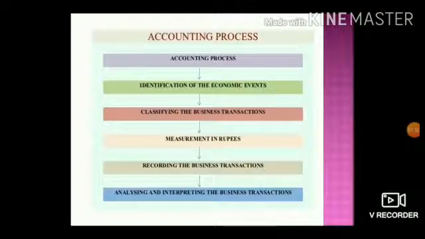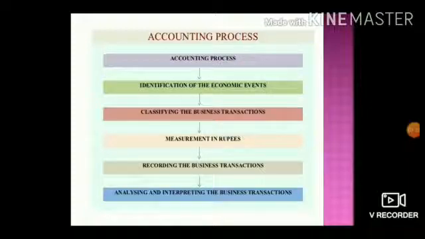Here you can see a flow chart which explains about the accounting process. The first step in accounting process is identification of the economic events. The next step is classifying the business transactions or the economic events. Then these economic events or the business transactions are measured in terms of money.